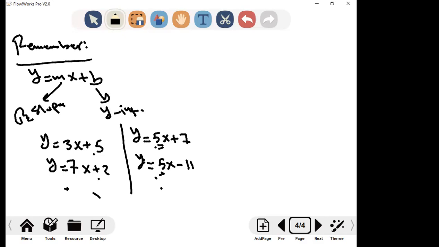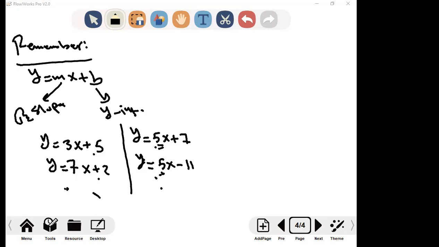No. So from the equation, we can know if we have solutions or not, right? Don't forget that parallel lines have the same slope. For perpendicular lines, if you multiply the slopes, the answer will be -1. So revise.